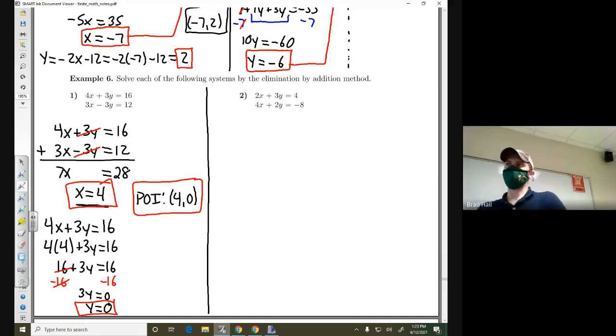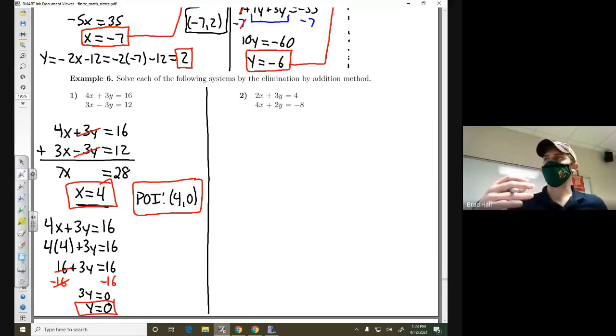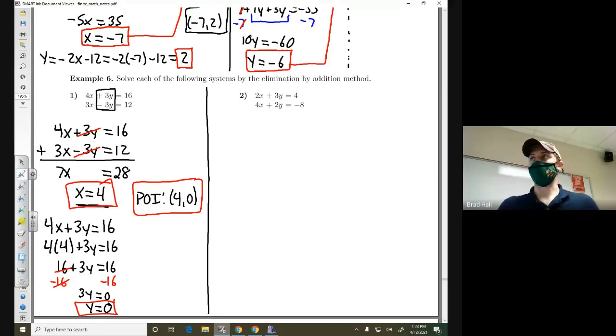So the convenience of before is that we had two coefficients that were the same magnitude. They were both 3's, but off by a sign, which was perfect because when we added them, they canceled. We don't have that over on our new problem.